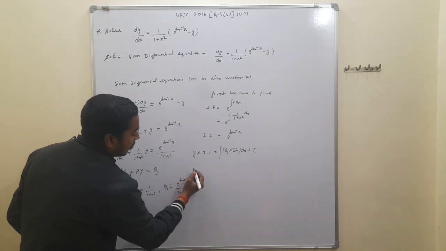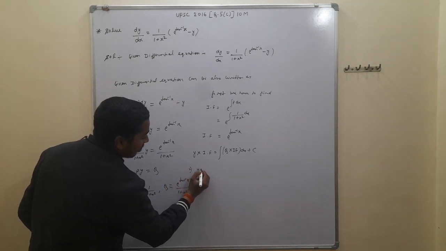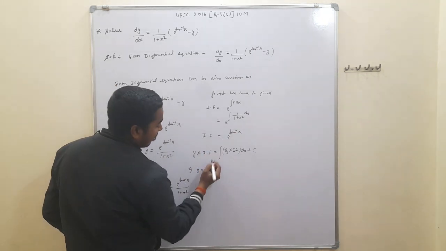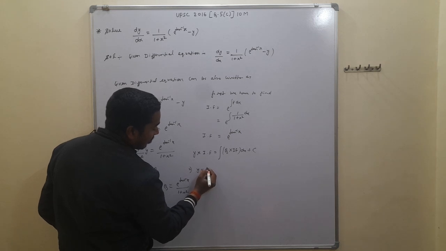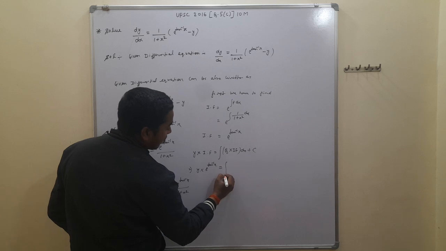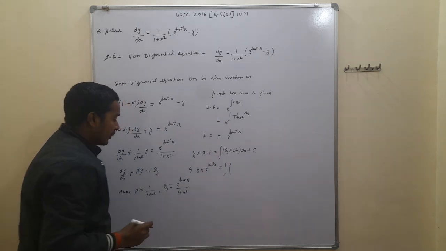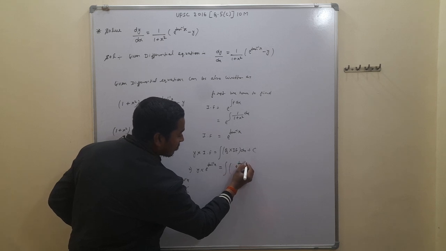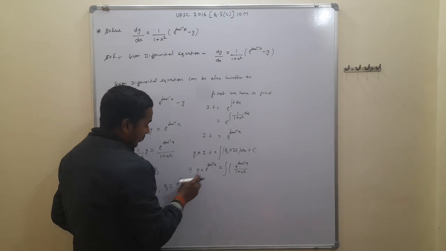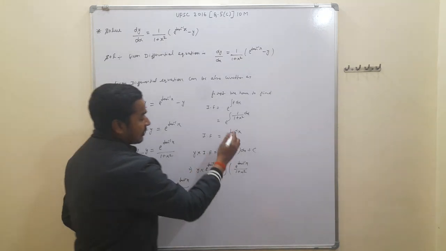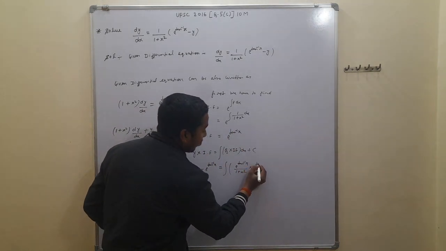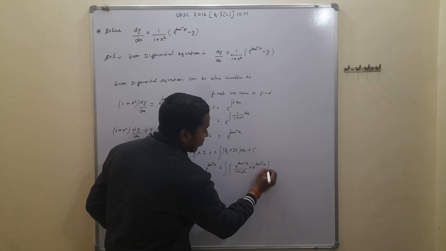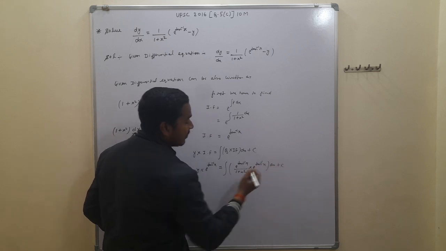We have to put the value here. This gives y, and the integrating factor we calculated earlier is e to the power of tan inverse x, is equal to integral of, here Q is e to the power of tan inverse of x upon 1 plus x square, and integrating factor is into e to the power of tan inverse of x, dx plus c.